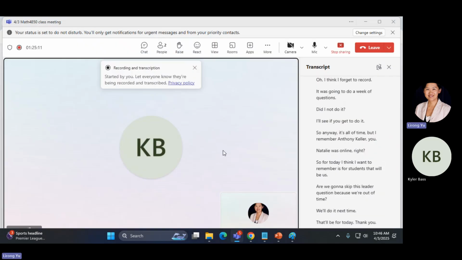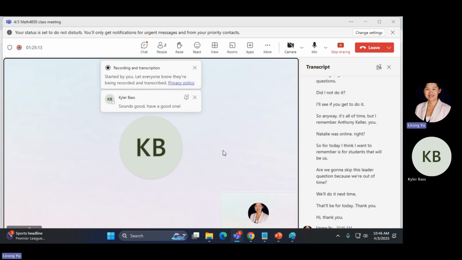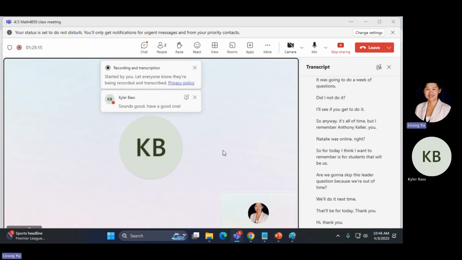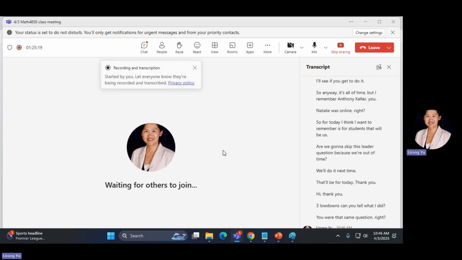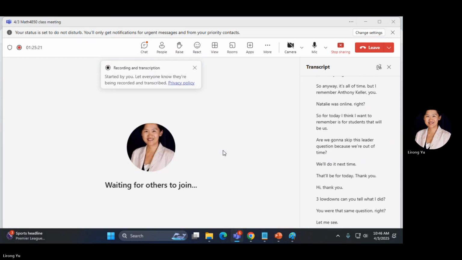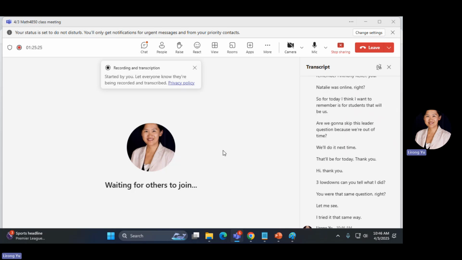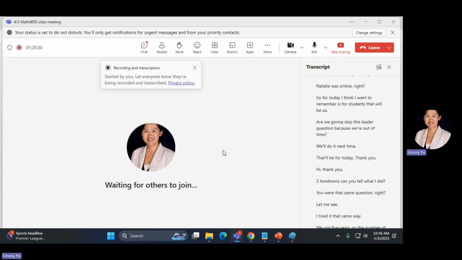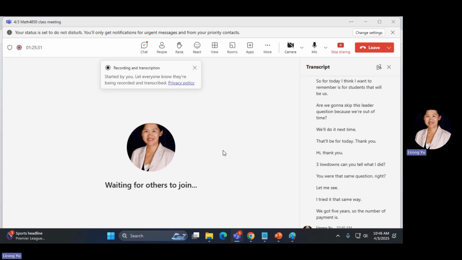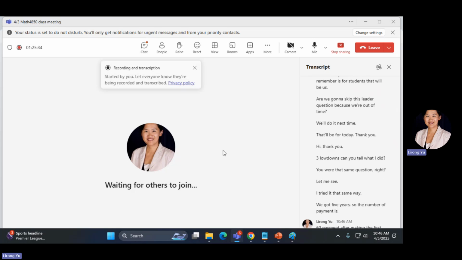Log out. Can you tell what I did wrong? That same question, right? Let me see, because I tried it that same way. You got 5 years, so the number of payments is 60 payments, after making the first payment one month from now.